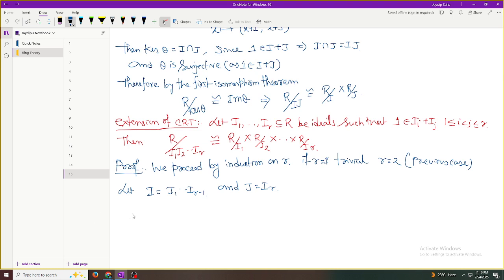Now 1 belongs to IL plus IR, 1 less than or equal to L less than or equal to R minus 1. This implies 1 equals XL plus YL, where XL belongs to IL and YL belongs to IR.